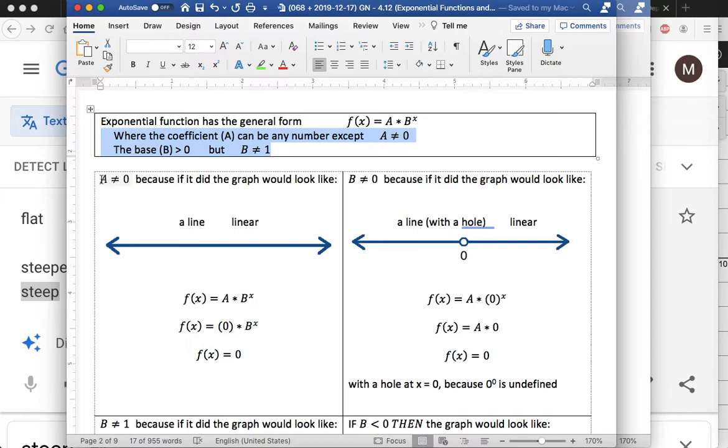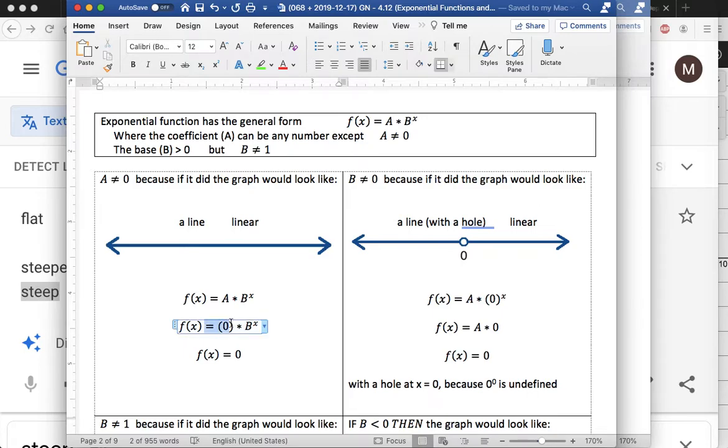The reason a cannot be 0 is that if a were 0, then the graph would just look like this. It would look like a line, or it would be linear. If we have our equation here and I change a to 0, you have 0 times b to the x.